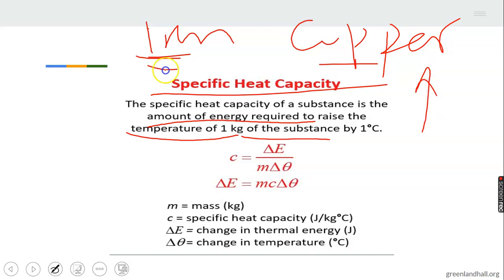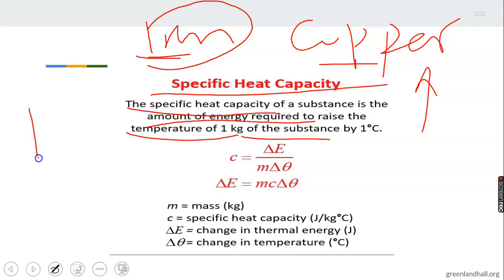That nature is what we term specific heat capacity, and it is different for different substances. It is defined as the amount of energy or heat required to raise the temperature of 1 kilogram of the substance by 1 degree rise.